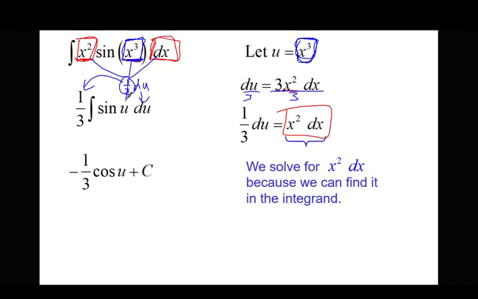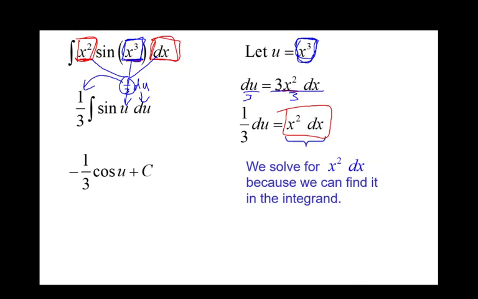And then this is my u. Okay? But again, it makes my antiderivative really easy. The antiderivative of sine u is negative cosine u. And I just have that 1/3. And then again, the last thing I'm going to do is plug in my u, which is x cubed. And that is the antiderivative.